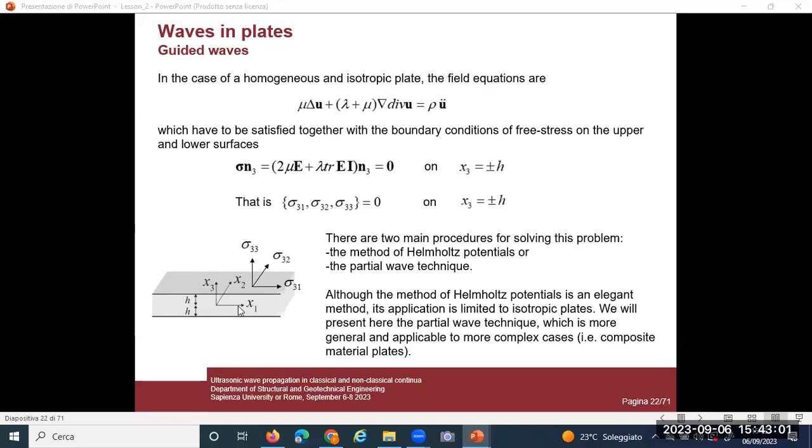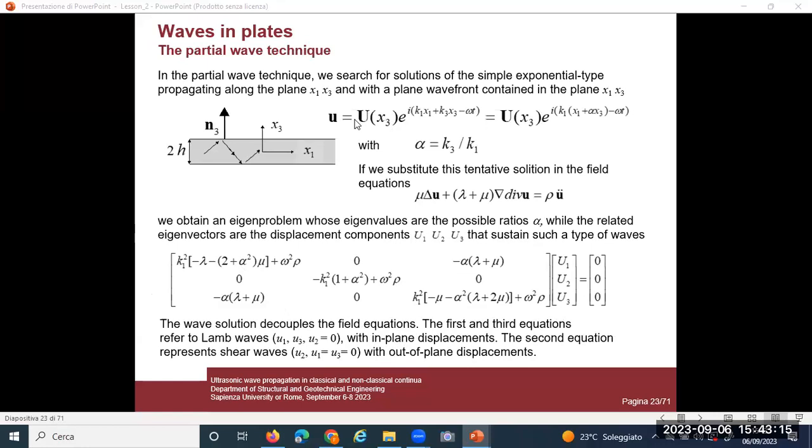So the plane of the plate is x1, x2. The cross-section of the plate is along x3. So u as a function of x3 is the wave mode, and this is the propagating part in the plane x1, x3.